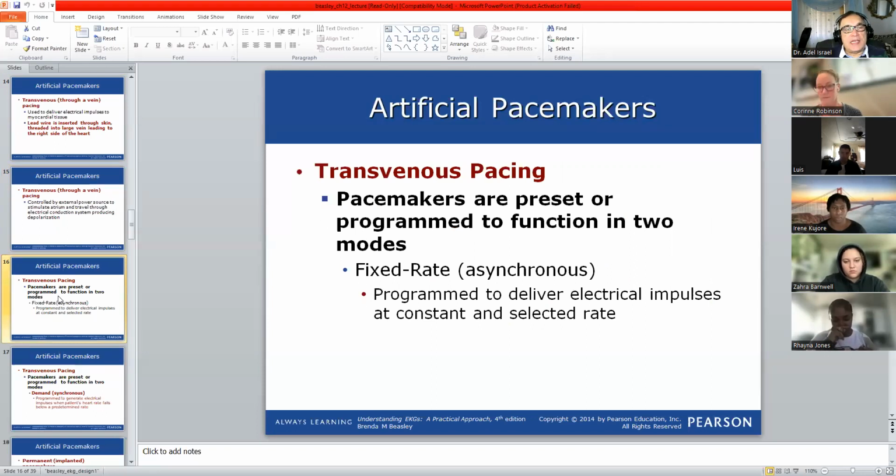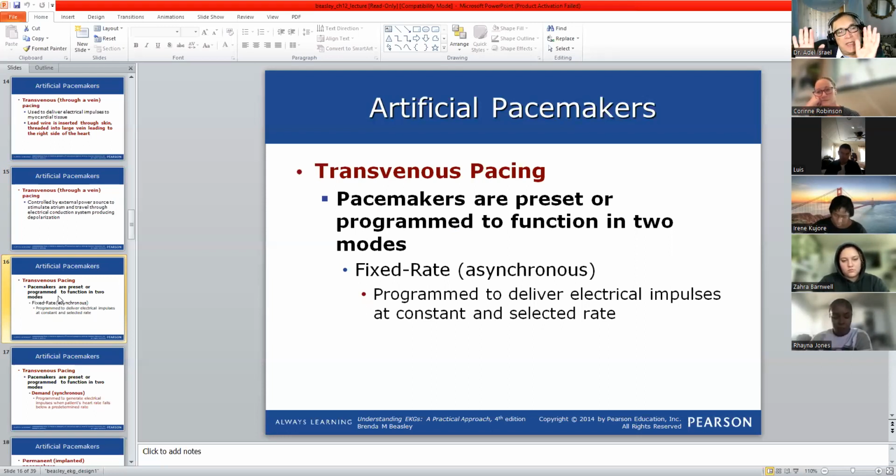Either fixed rate, this means what? I will adjust the rate to, say, 75. It will deliver an electrical impulse at a constant selected rate. So all the contractions will be transmitted to the heart in the selected manner, which is 75 beats per minute.